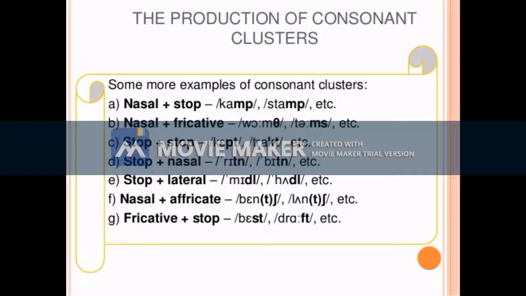Or we can also have the stop plus nasal, like written, bitten, or we have the stop plus lateral, middle, huddle, and then we have the nasal plus fricative. We have bench, lunch, and fricative plus stop, best, or draft, etc.